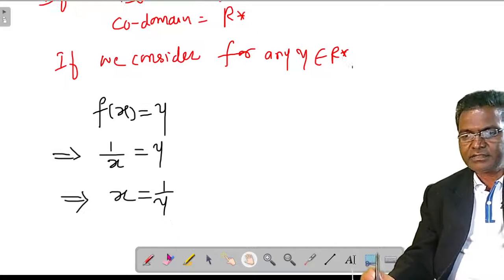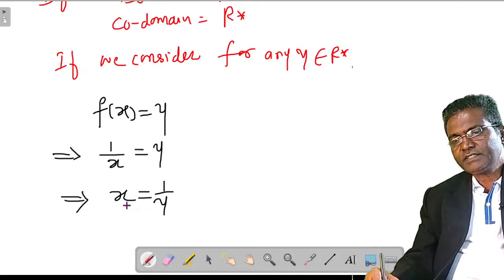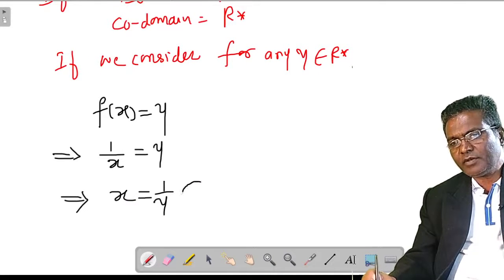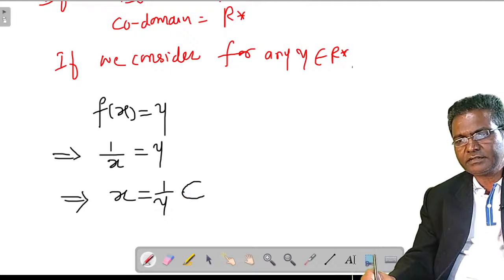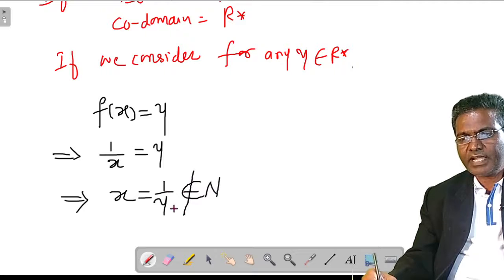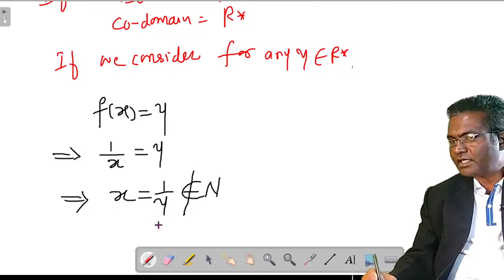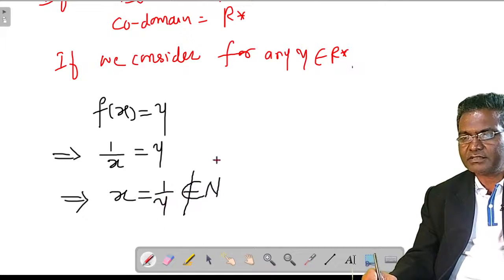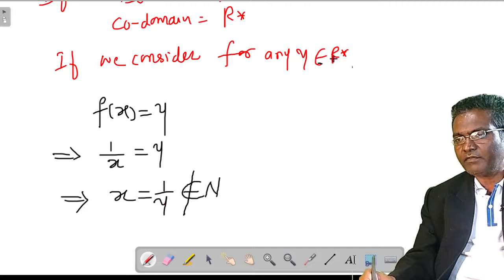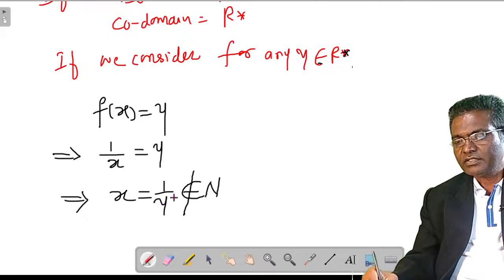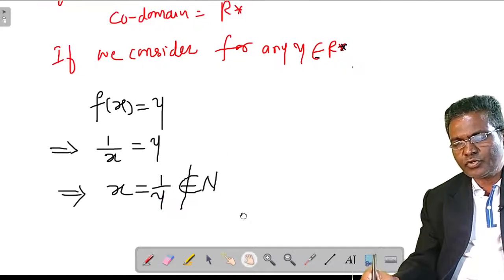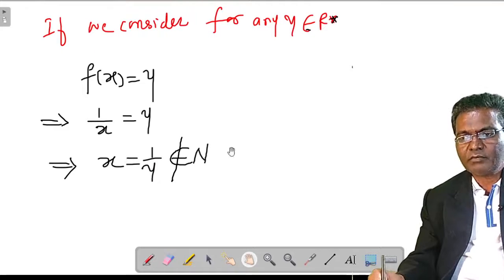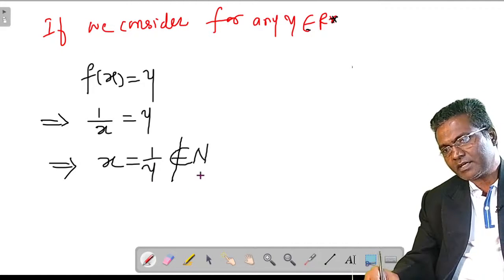Now see here, you have to show whether it belongs to the domain. Clearly it does not belong to the domain for non-zero real numbers y taken from R star. Suppose if you give y as 2, you will get 1 by 2, and 1 by 2 is not a natural number.